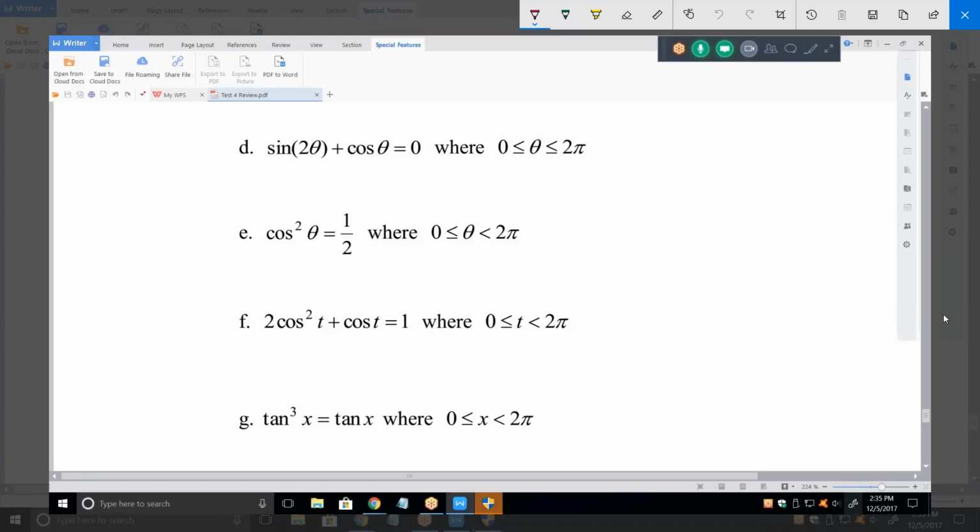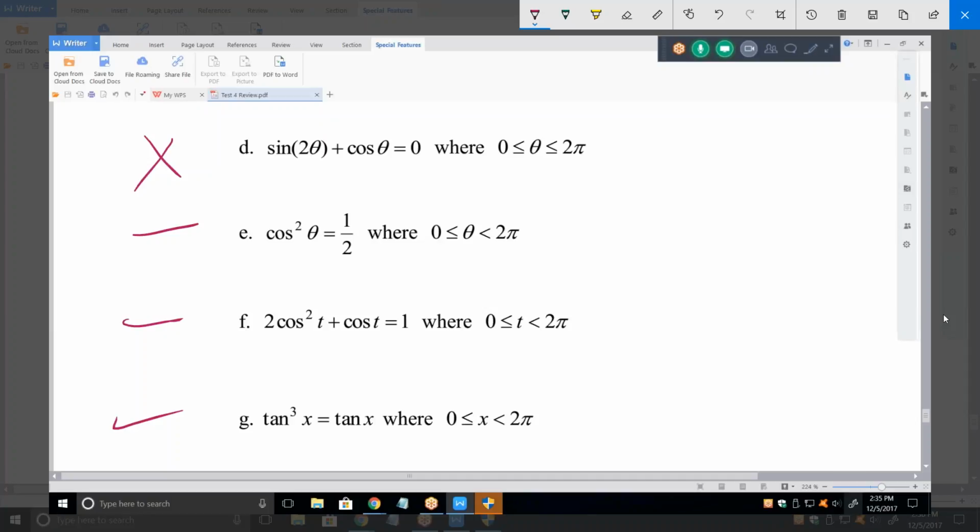What's the most immediate problem you see when you look at this problem? When you're solving trig equations, what's the biggest problem? Doesn't exist here, doesn't exist there, doesn't exist there. But it definitely exists right there. What's the difference between those four?